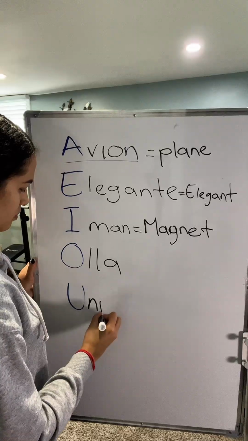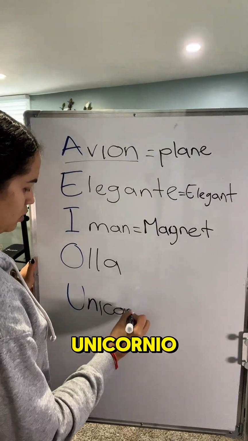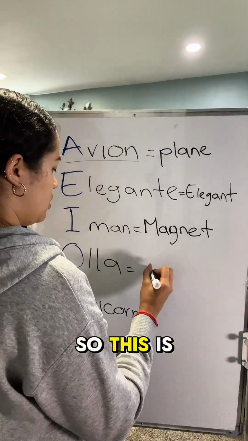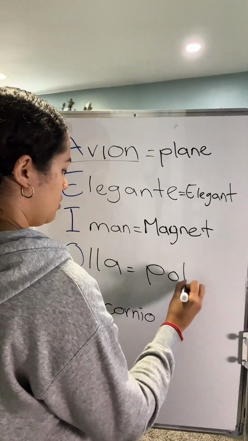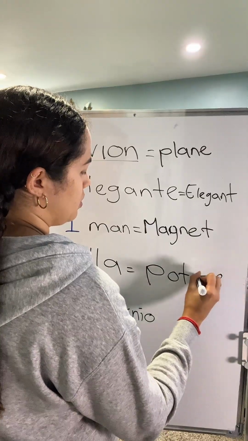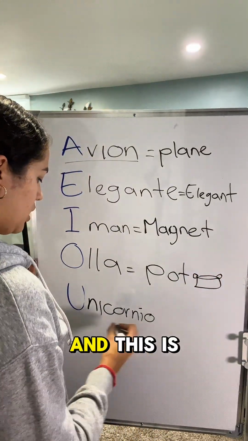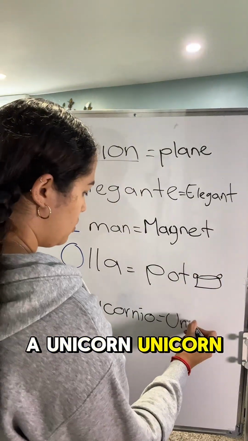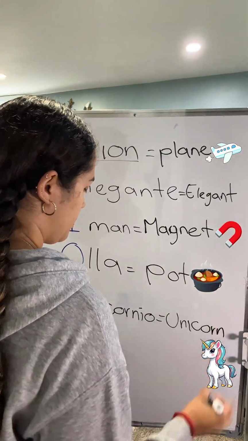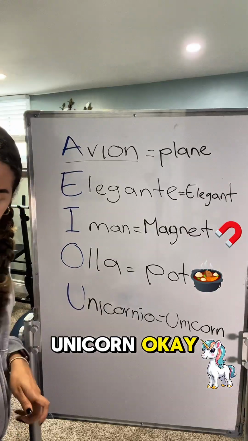And unicornio. So elegante is elegant. Imán is magnet. This is a pot where you cook the soup. And this is a unicorn. Okay?